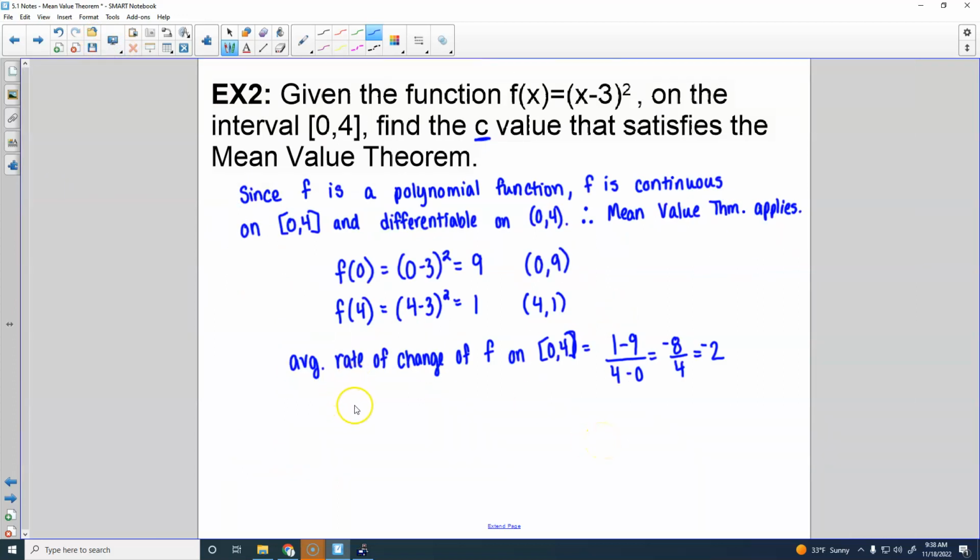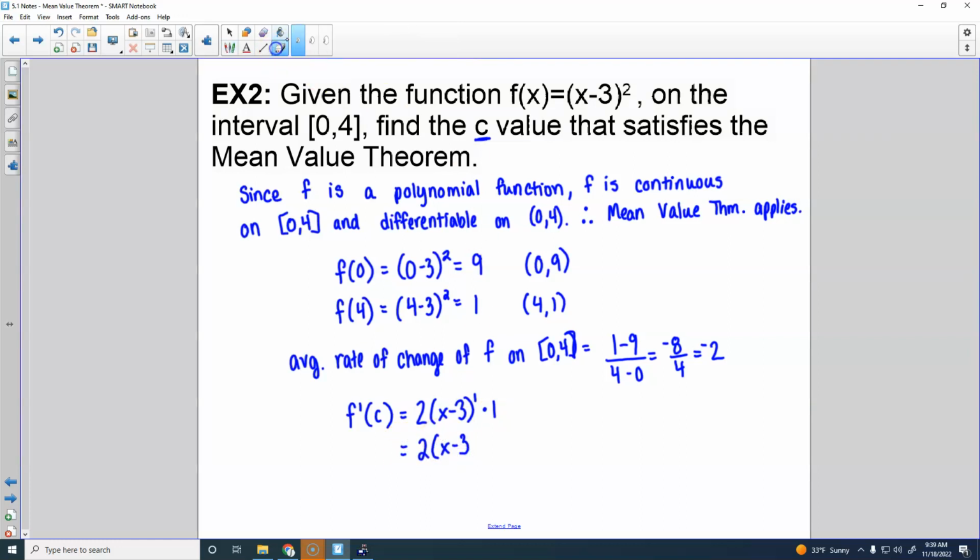So I'm going to say f prime of c. And our derivative here, this is a chain rule. So we're just going to get 2 times (x minus 3) to the first power. We'll multiply that by the derivative of the inside, which is just 1. So we actually just end up with 2 times (x minus 3).